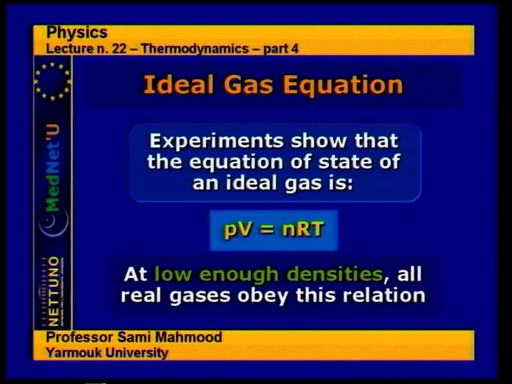The ideal gas doesn't have to be really a hypothetical gas. At low enough densities, real gases that we deal with behave like ideal gases, because all that we need to take into consideration is that they look like point masses in space.